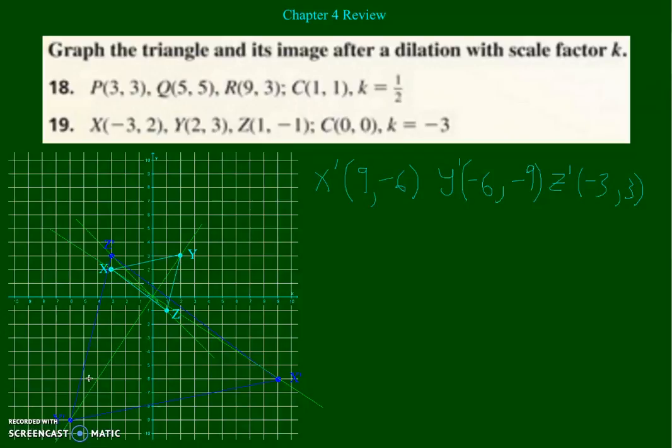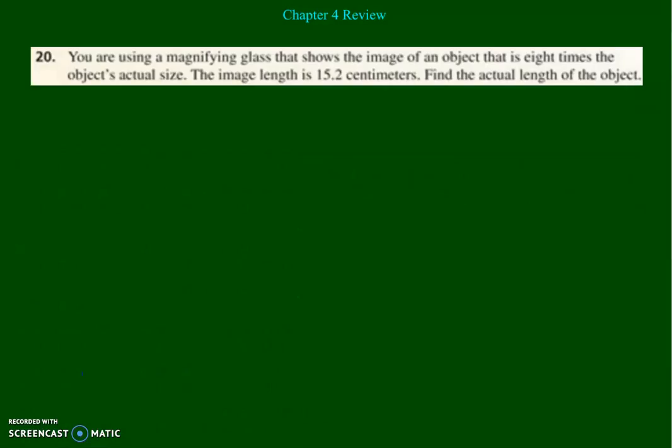And now we move on to problem 20. Problem 20 states, you are using a magnifying glass that shows the image of an object that is 8 times the object's actual size. The image length is 15.2 centimeters. Find the actual length of the object.